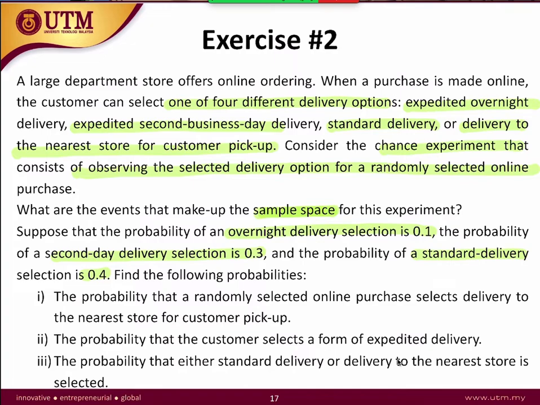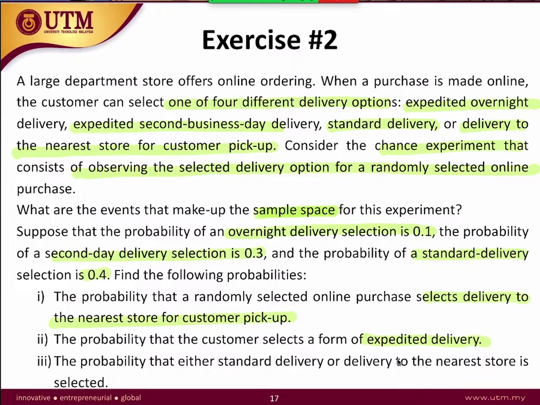All right, so now you need to find the probability of a randomly selected online purchase choosing delivery to the nearest store for pickup. That is the probability value that is not given to you, so it asks you how to get the probability value. The second one is the probability that a customer selects expedited delivery.